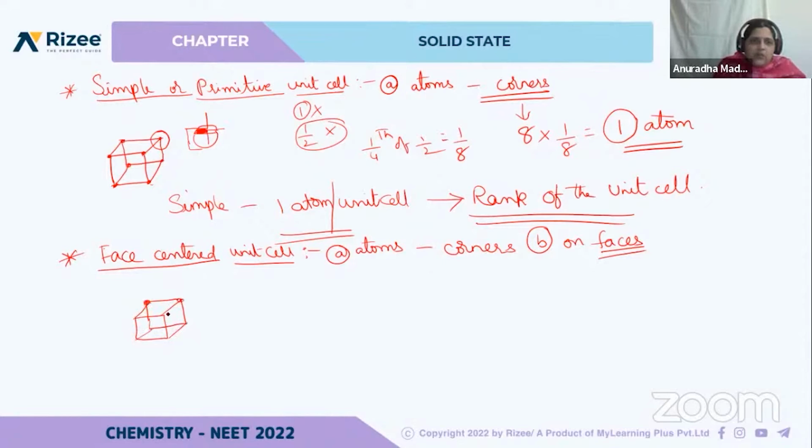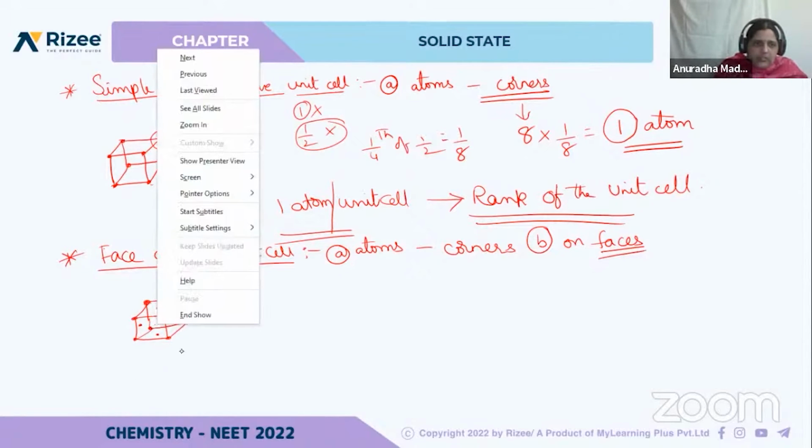Obviously atoms should be on corners, so 8 atoms, 8 corners. And one more thing, at the center of the faces also. How many faces does a cube have? 1, 2, 3, 4, towards B and towards the opposite.